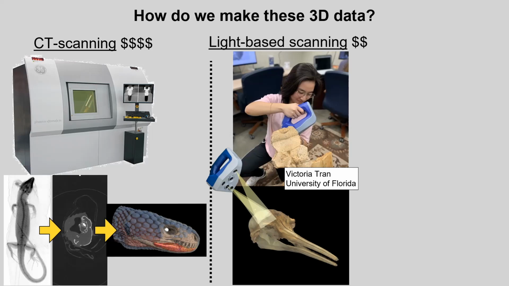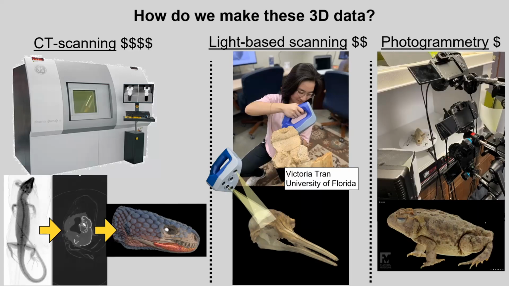We can create 3D models very quickly and easily of fossils, of big skulls of mammals, things like that. Things that we could never fit in a CT scanner. We can fit something about this big in a CT scanner, but once it gets bigger, we can't do that type of thing with this technology. So we use this machine a lot. We have a lot of undergraduates like Victoria who are trained up and actually generate all of these data for us. They are mostly students in the lab.